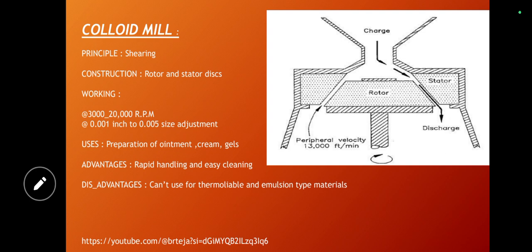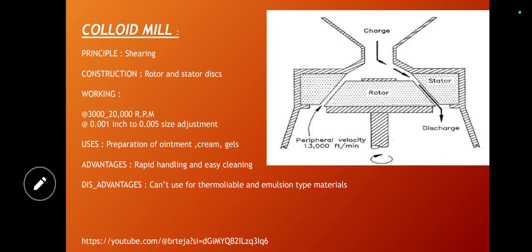What's the working of the colloidal mill? 3,000 to 20,000 rotations per minute. This equipment, the colloidal mill, you can see in the pharma industry.